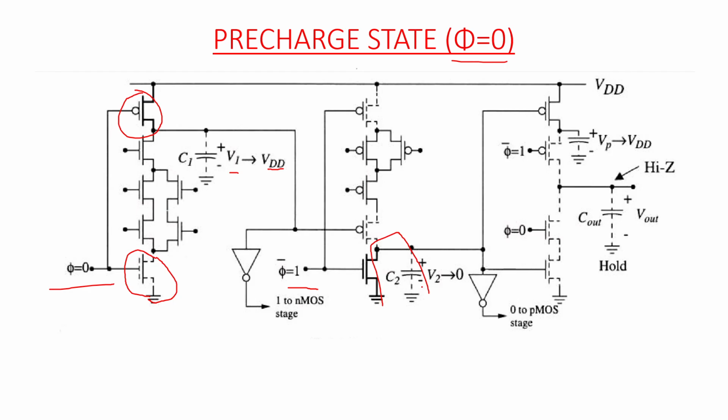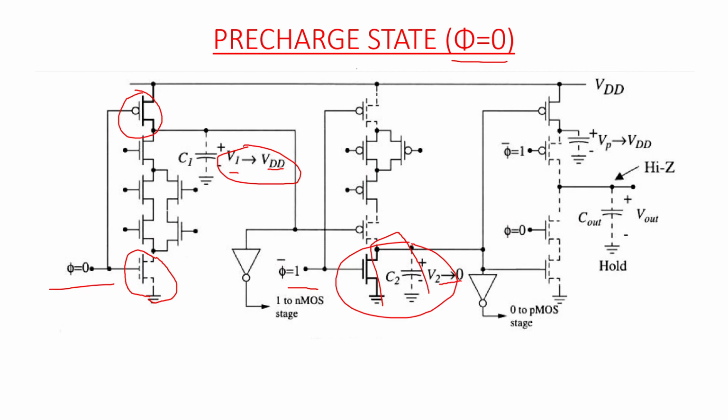So the voltage V2 of this capacitor is going to 0. So the voltage V1 on the capacitor C1 will get charged to VDD, and the voltage V2 on the capacitor C2 is getting discharged to 0 volt. These are the two important voltages in the pre-charge state.